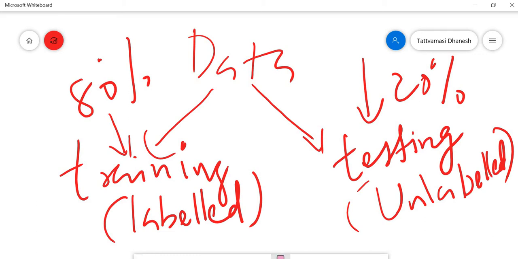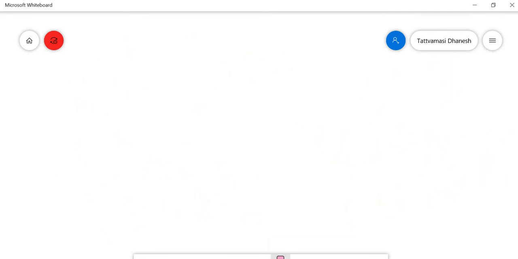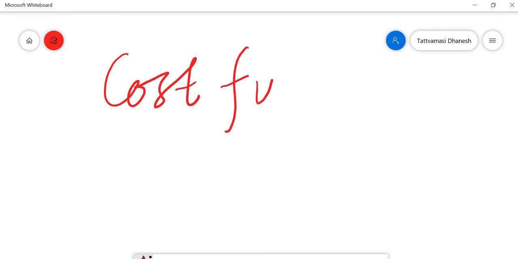So these aspects you are already familiar with. Now we are coming to bias and variance. To understand bias and variance: a machine learning model, we use it for prediction, and if this predicted value is not equal to the expected or actual value, there is an error in our prediction. Normally the error is denoted by the cost function.